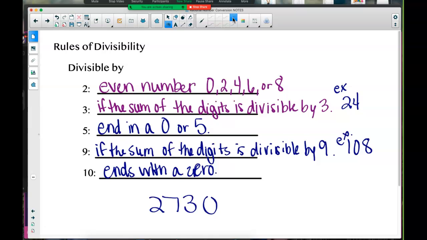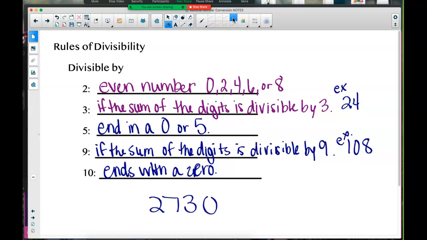Okay. How about 2,730. Is that divisible by 2? Yes, because it's an even number, right? It ends in a 0, 2, 4, 6, or 8. So we could divide this by 2. Is it divisible by 3? 2 plus 7 plus 3 plus 0 is 12.